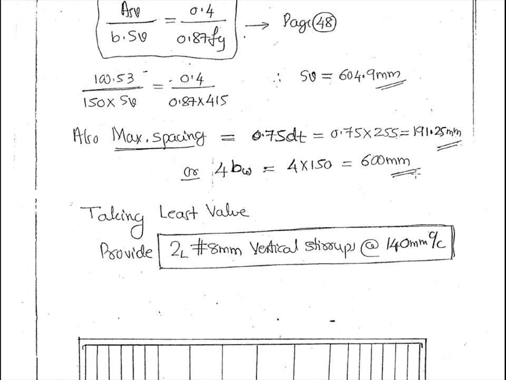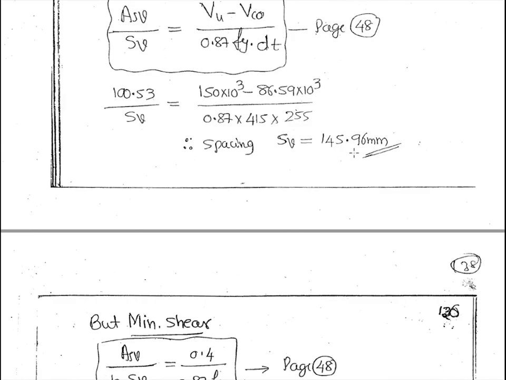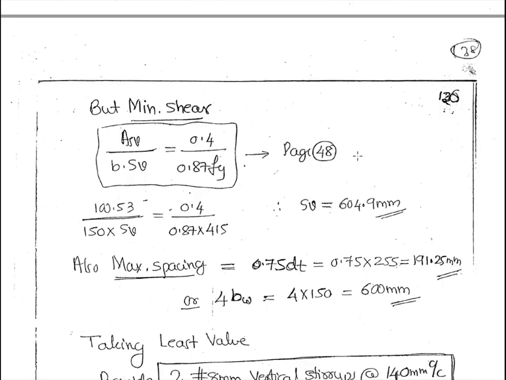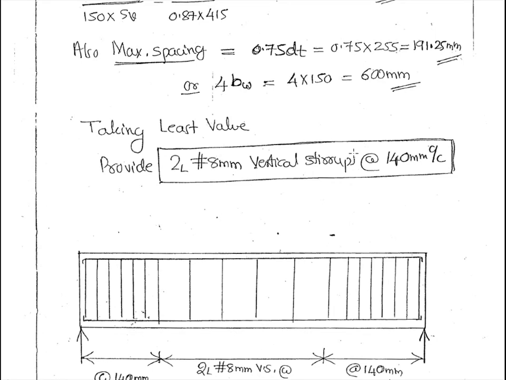So we have four values: 600, 191.25, 604.9 mm and 145.96 mm. We have to choose the least value. So taking the least value, provide two-legged 8 mm vertical stirrups at 140 mm center to center.